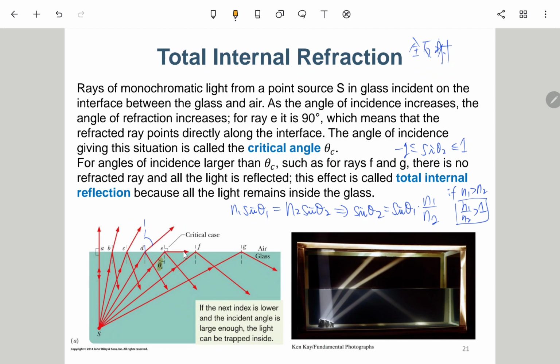So this is 90 degrees, and then corresponding to it the angle of incident will be theta c，就是这个叫做临界角。Okay, so if the angle of incidence is larger than theta c, then there will be no refracted ray.